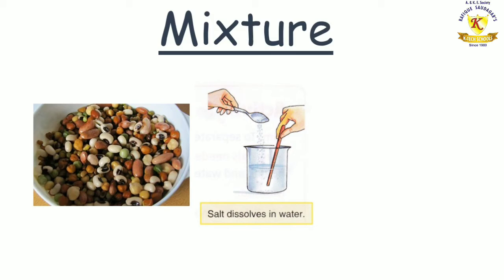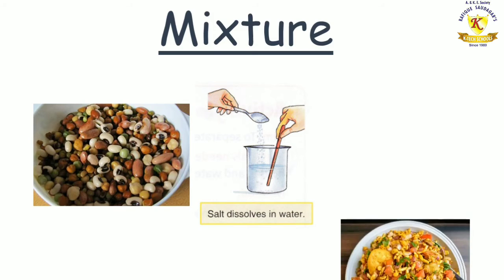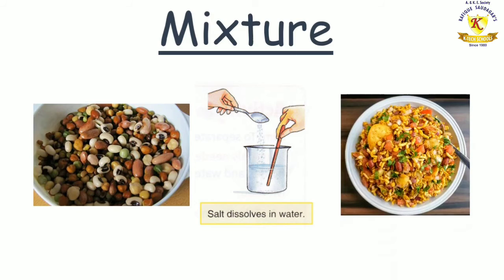The second one: I have dissolved salt in water, it also forms a mixture. And the third example we have is of a bhel. So we all love to eat bhel, isn't it, children? This is also an example of a mixture of various ingredients.